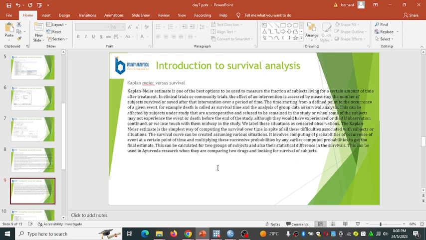And Kaplan-Meier estimate is one of the best options to be used to measure the fraction of subjects living for a certain amount of time after treatment.